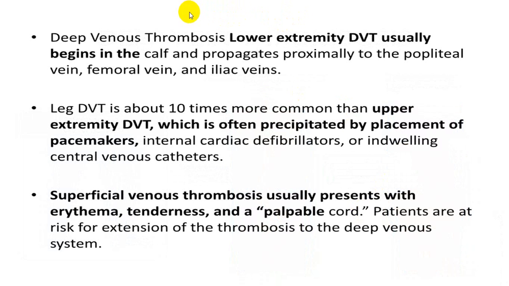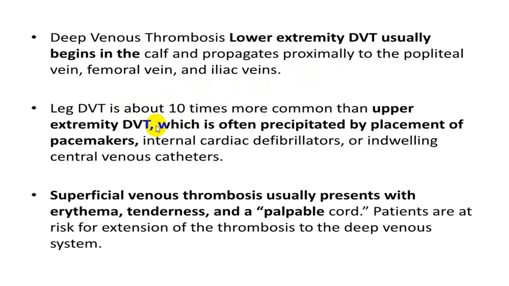Deep vein thrombosis, most commonly in the lower limb, usually begins in a calf muscle deep vein and propagates proximally to the popliteal vein, femoral vein and then to the iliac veins. Deep vein thrombosis in the lower limb is about 10 times more common than in the upper limb.